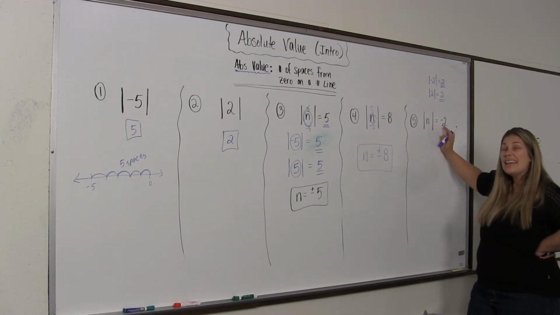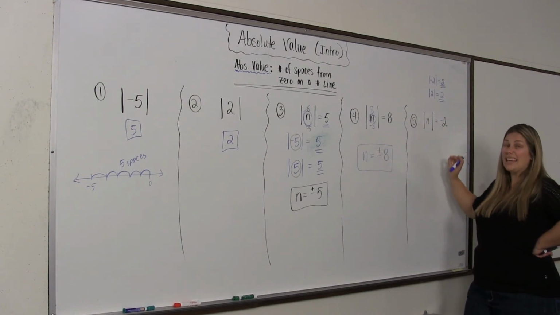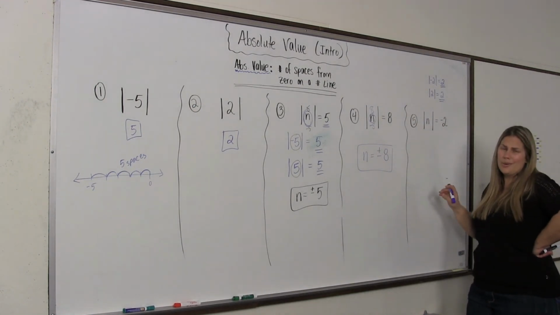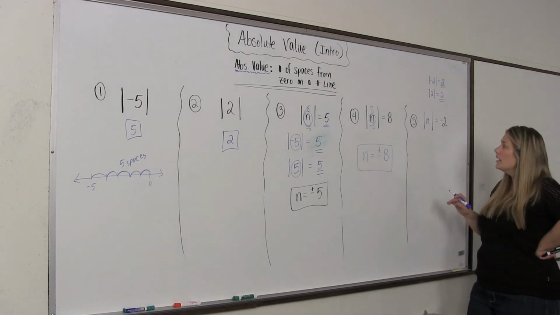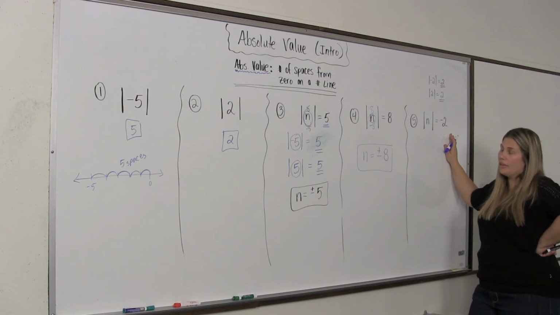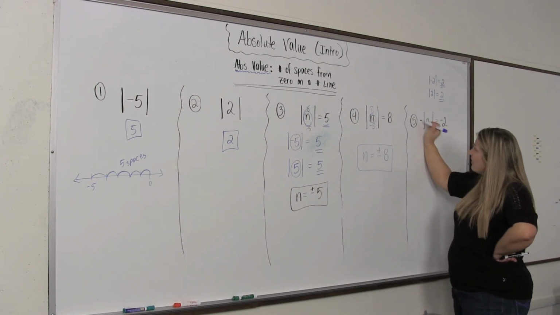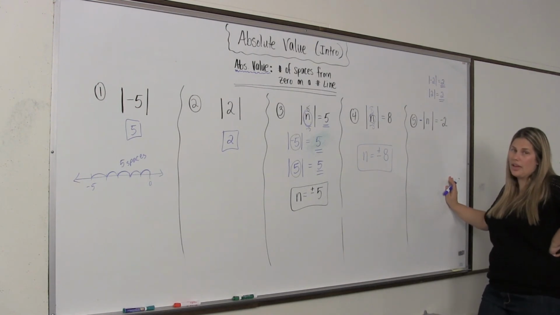In order to get a negative answer when you have absolute value, remember absolute value is counting the number of spaces. Well, we don't count with negatives, so the absolute value should always equal a positive. The only way to get a negative answer is if I had a negative on the outside of the absolute value bars.